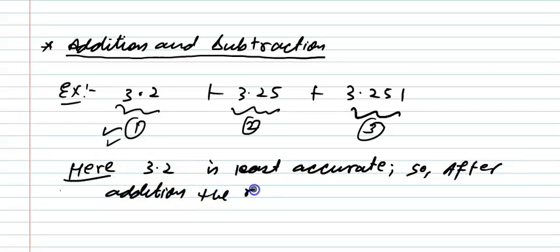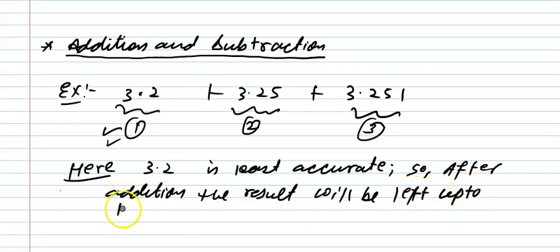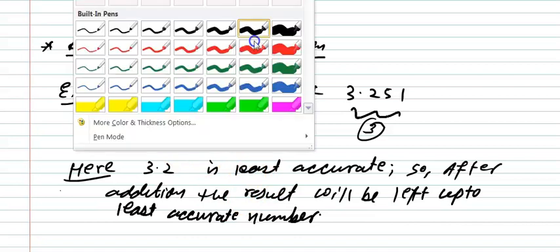So, after addition, the result will be left up to the least accurate number. Getting it everyone? Why? Because as I earlier said, we are very much confirmed that these numbers are sure.